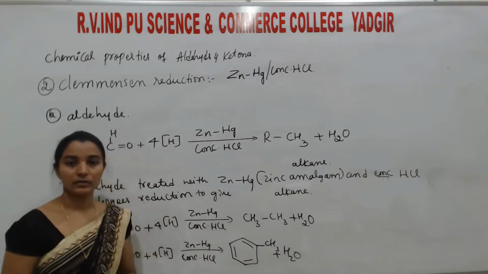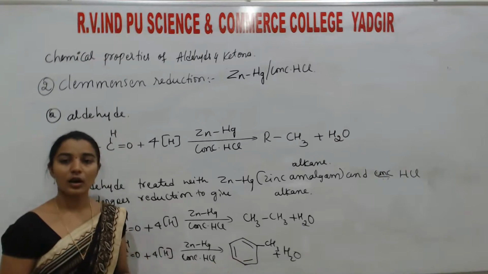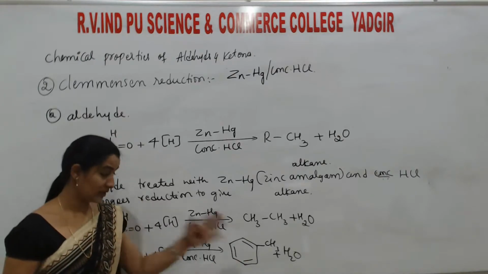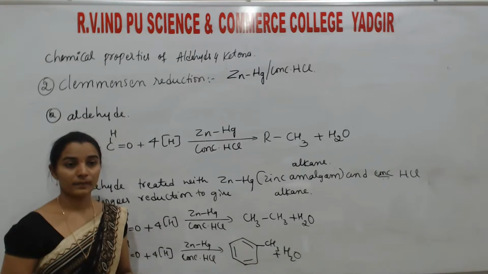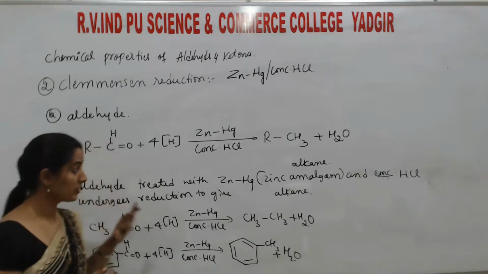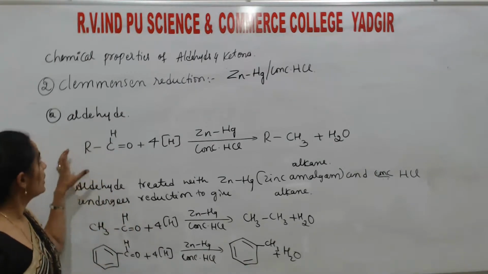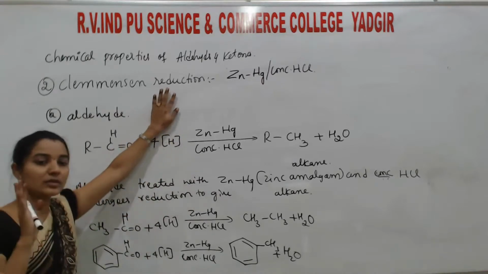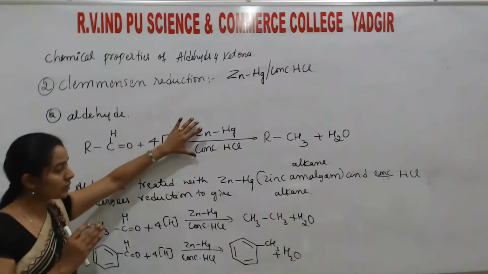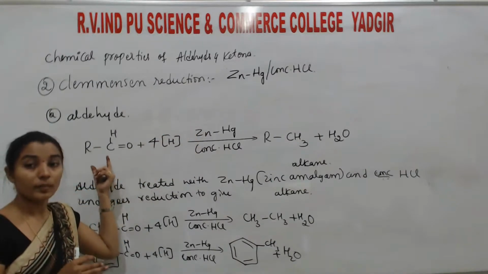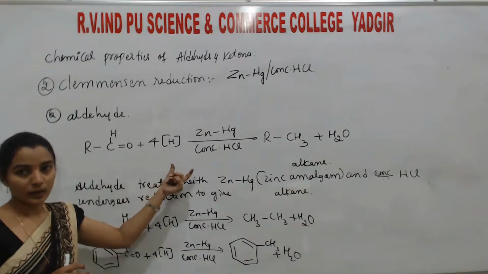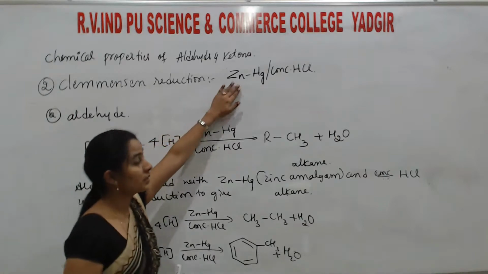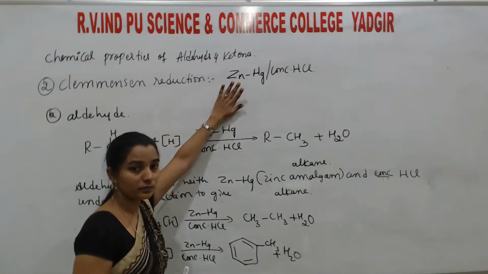Methyl benzene. Of course, this is also an alkane. Understood? This is the reaction that happens in the Clemmensen reduction. Why is it called Clemmensen? The scientist Clemmensen proved this reaction by using this reagent. And this one is the Clemmensen reagent.